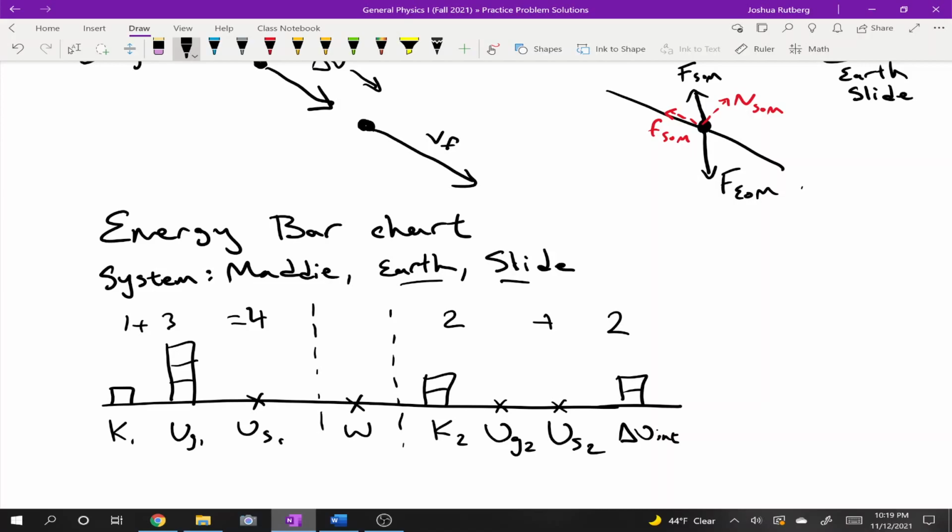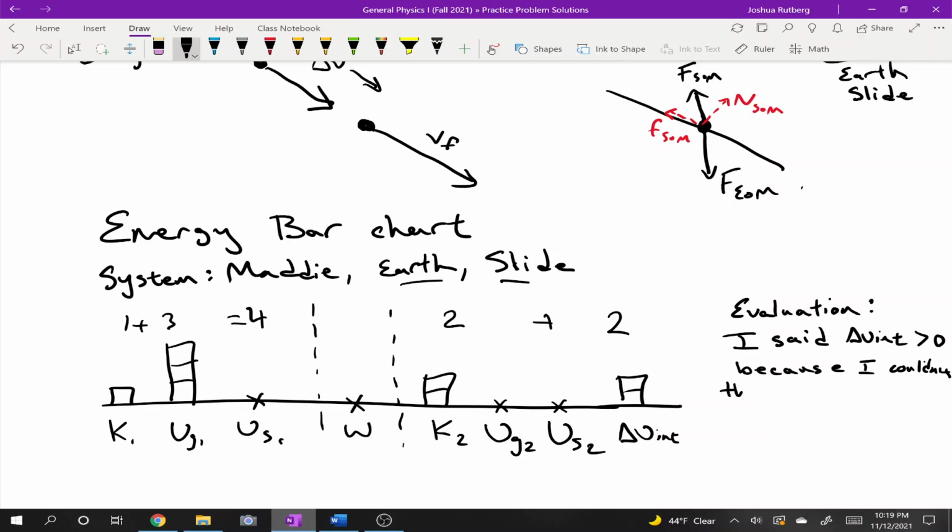Now let me evaluate that for a second. Does it make sense? Let me make a little note that I'm doing an evaluation here. I said delta U internal is greater than 0, because I couldn't think of anywhere else the energy went.